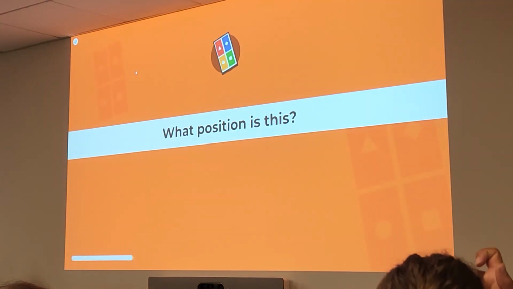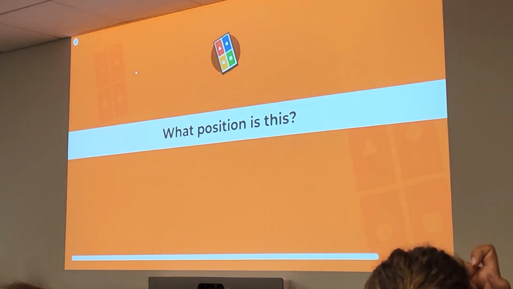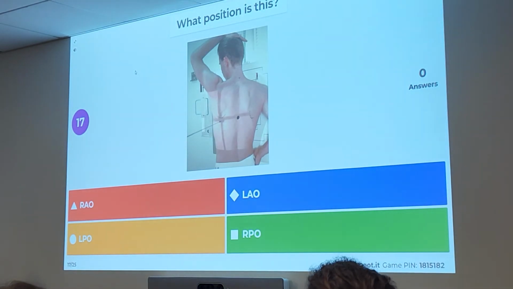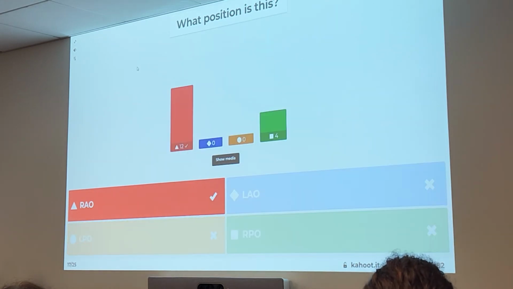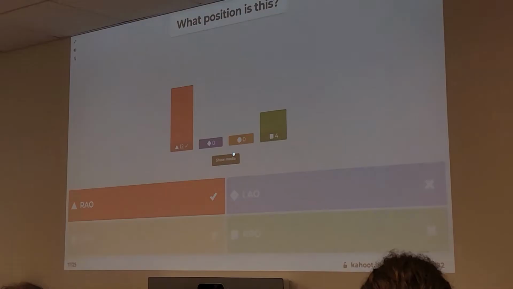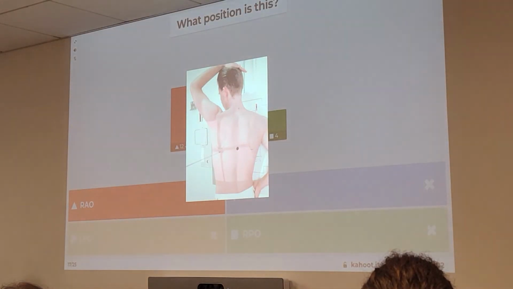Candy takes number one. What position is this? RAO, very good. Right anterior oblique, because the right anterior surface is touching the IR.